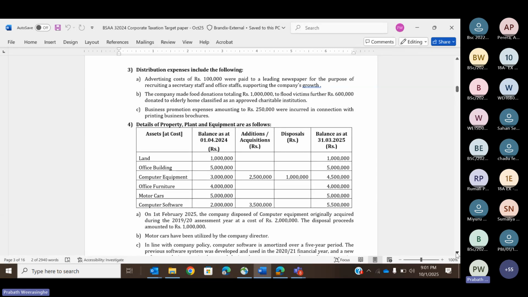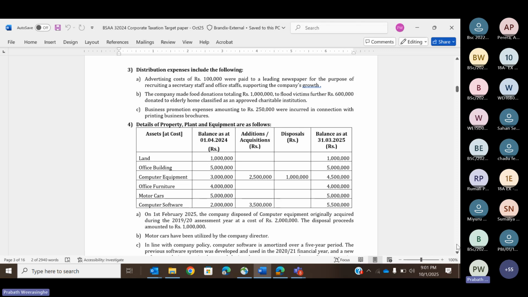Another thing is, if a software developer is providing independent personal services and the relevant tax is not deducted, that particular expenditure is not deductible. However, when we are capitalizing, if the payment is made other than by the allowable method of payment, that asset is not qualified for capital allowances.